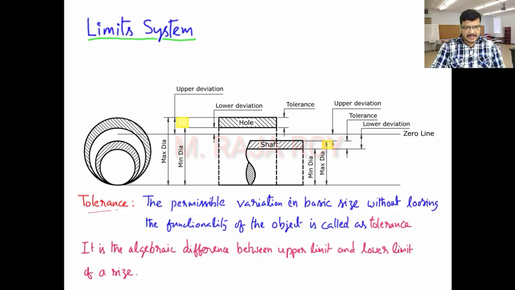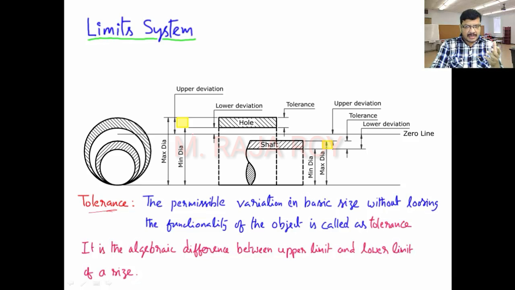Now, what is tolerance? Tolerance means the permissible variation in the basic size without losing the functionality of the object. Okay. So always, failure doesn't mean that the object has to break. It's not like that.